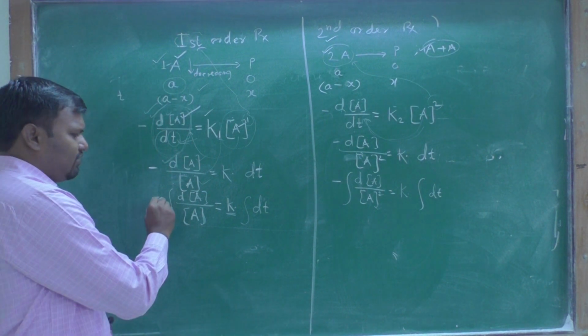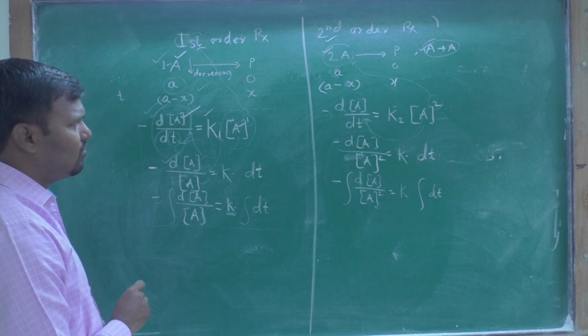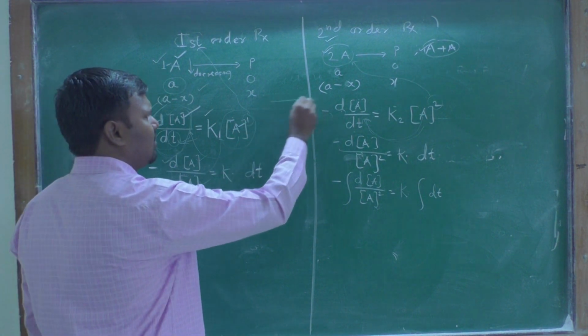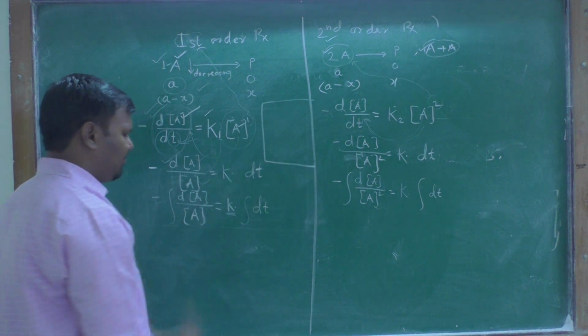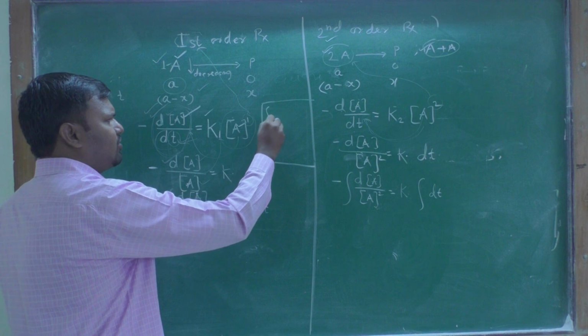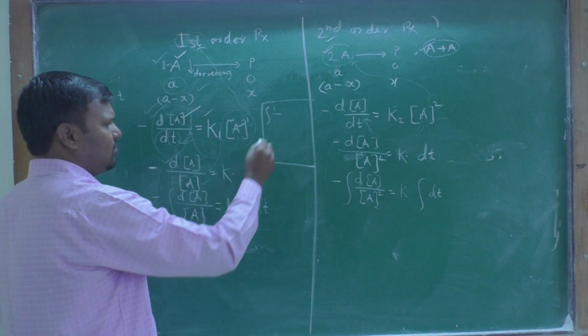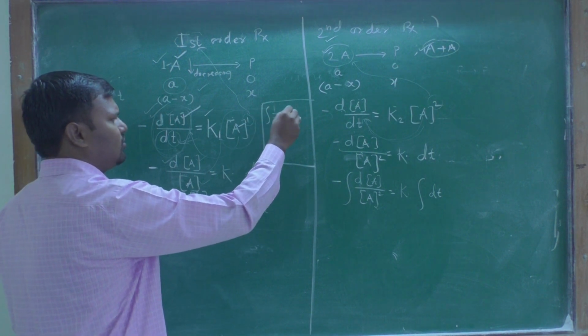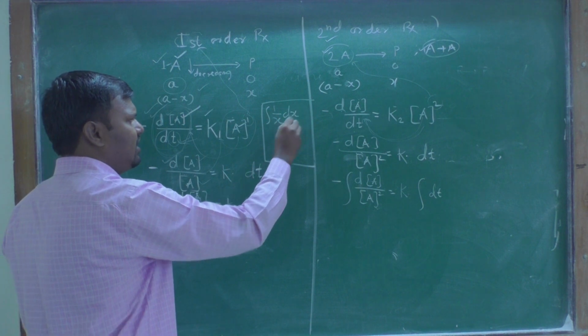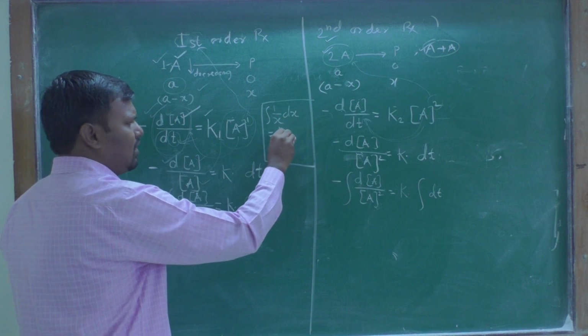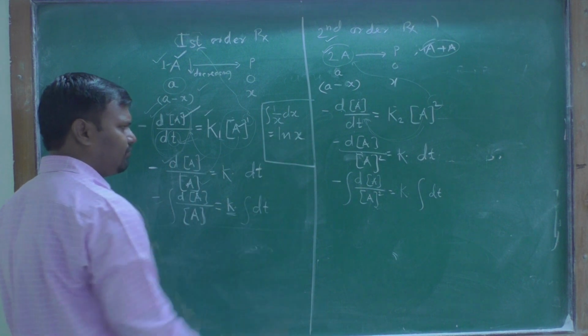How do we do the integration for this? There is a formula you have to remember. Integration of 1 upon x into dx is equal to ln x.